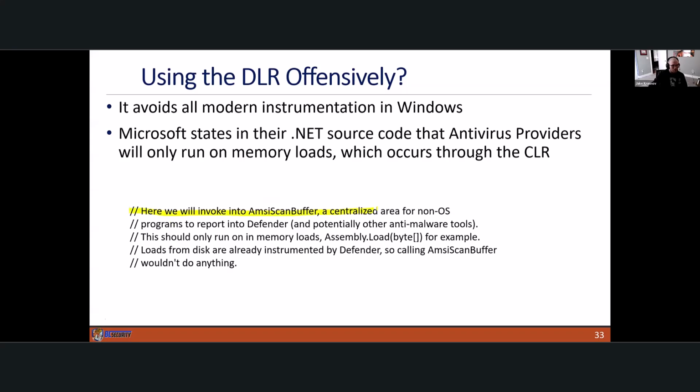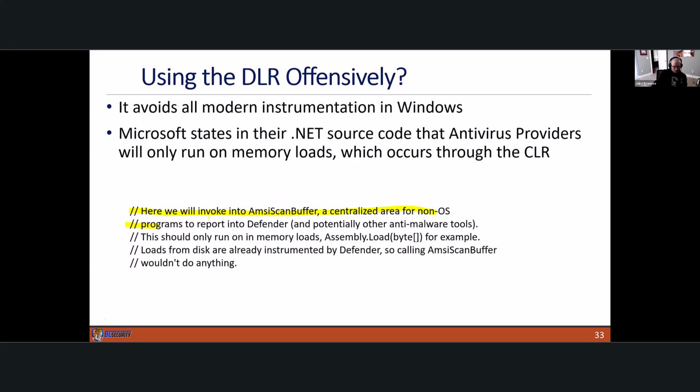It has this comment in here that's really interesting that basically says the assembly is only passed to AMSI on Assembly.Load, because it's assumed that if an assembly is being loaded from disk, some other form of scanning has been done on that assembly, and therefore it's not malicious.